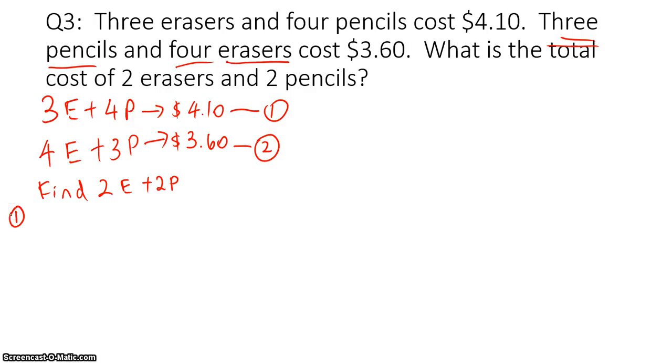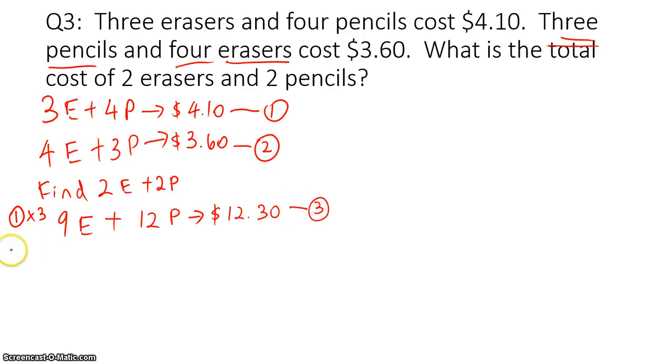I need to multiply my first equation by 3. Okay, so I have 9e plus 12p equals 410 times 3, I get 1230. I should call this equation 3.